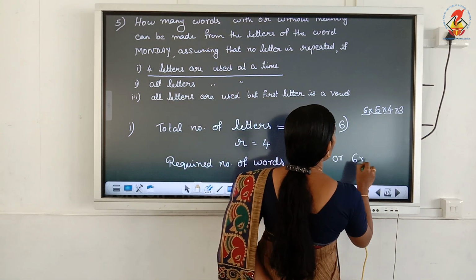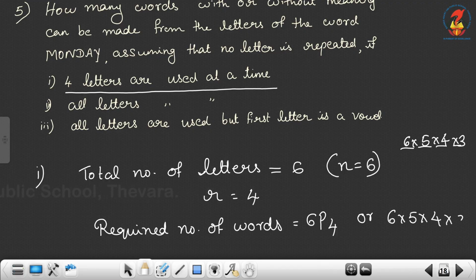Now calculate, or 6P4, any way you can do. Okay, 6 5s are 30, 30 into 4 is 120, 120 into 3, that is 360.